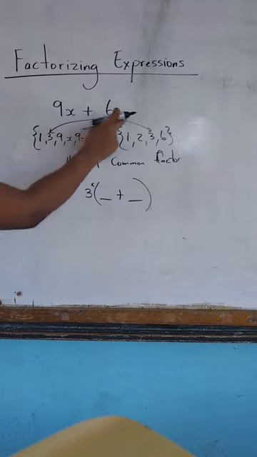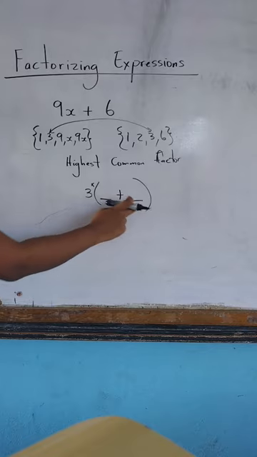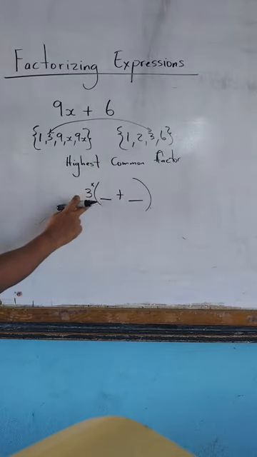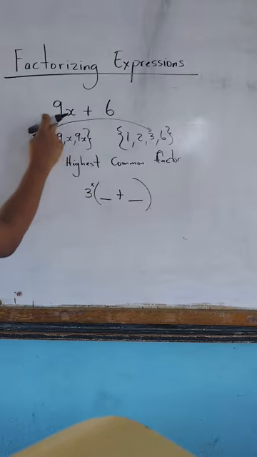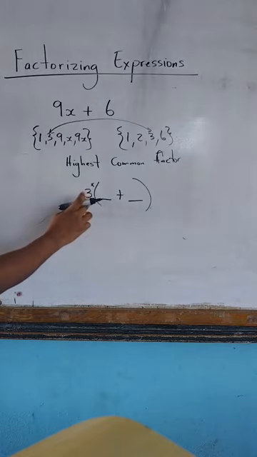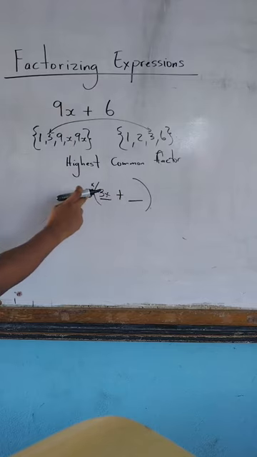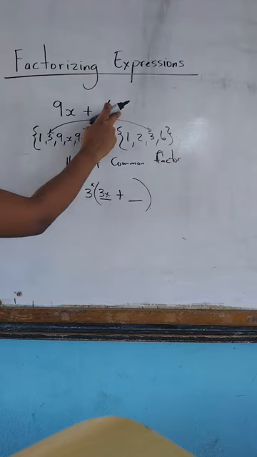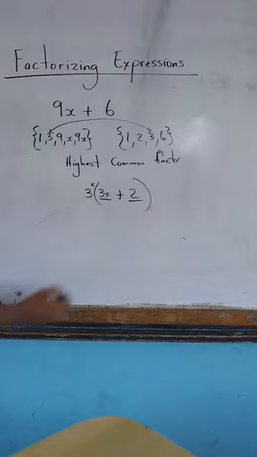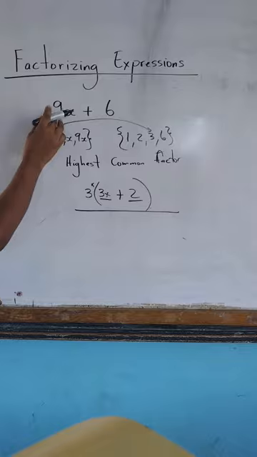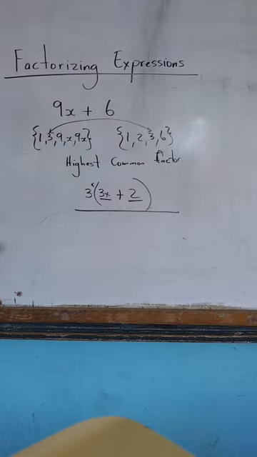There are two terms here, so I hold position for the two terms. The operation is addition. The 3 is the common factor. 3 multiplies what to give me 9x? 3 multiplies 3x to give us 9x. And 3 multiplies what to give us 6? 3 multiplies 2 to give us 6. So this expression here is the factorized version of 9x plus 6.